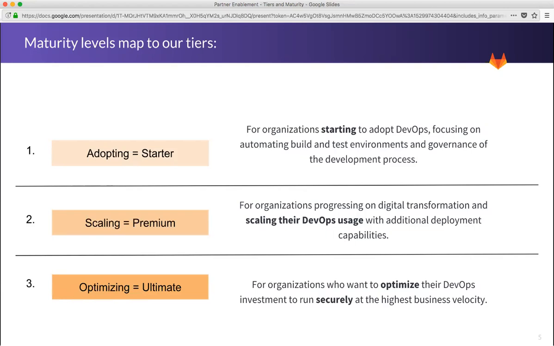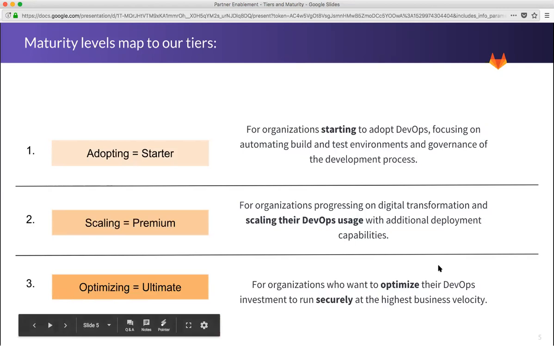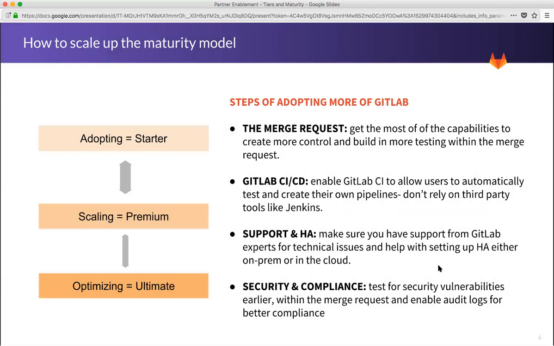Others may be very small, but very advanced in their DevOps maturity levels. So you have to listen to where they're at and figure that out. So again, looking at the maturity and the company culture, the people, the process, the tools, where they're at is going to help determine that.